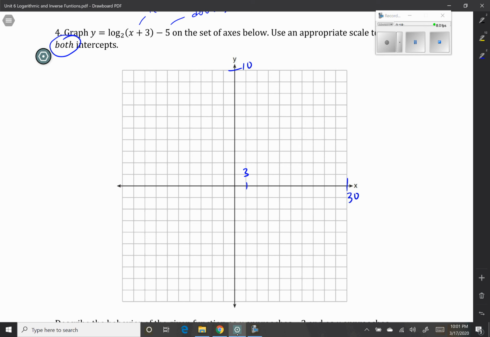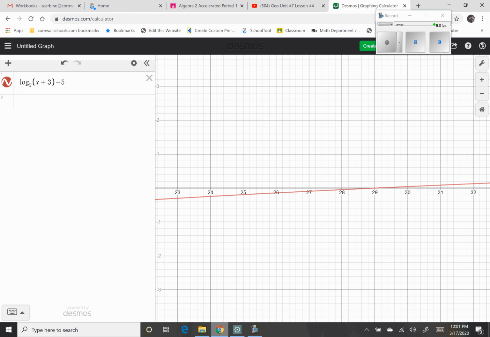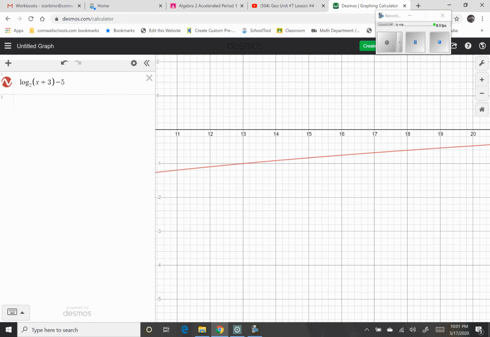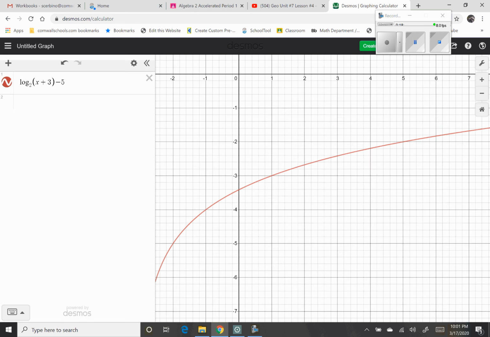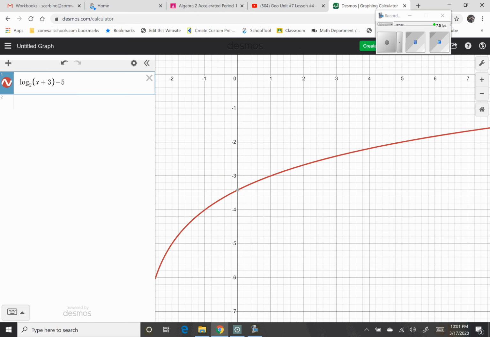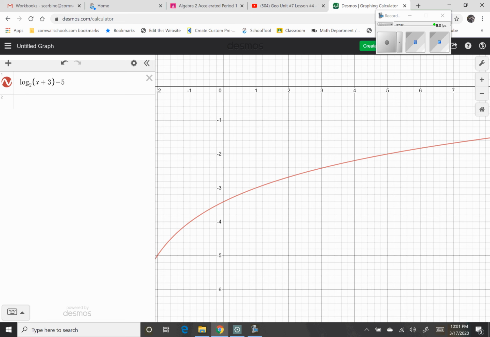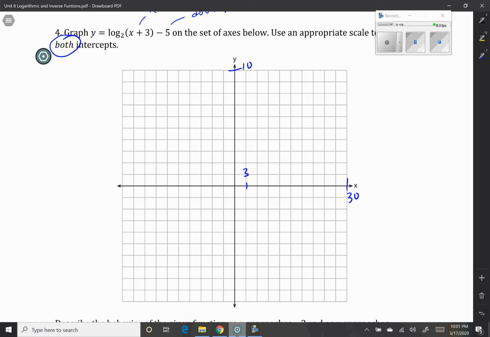So now if I start graphing this logarithm, I can look for some key points on my graphing calculator. If I just go in a table of values, I'll see a whole bunch of them. Let me scroll back here a little bit so I can see the main area of my graph. It looks like I have a point of (1, -3). So I can graph (1, -3). 1's going to be about a third of the way to 3.